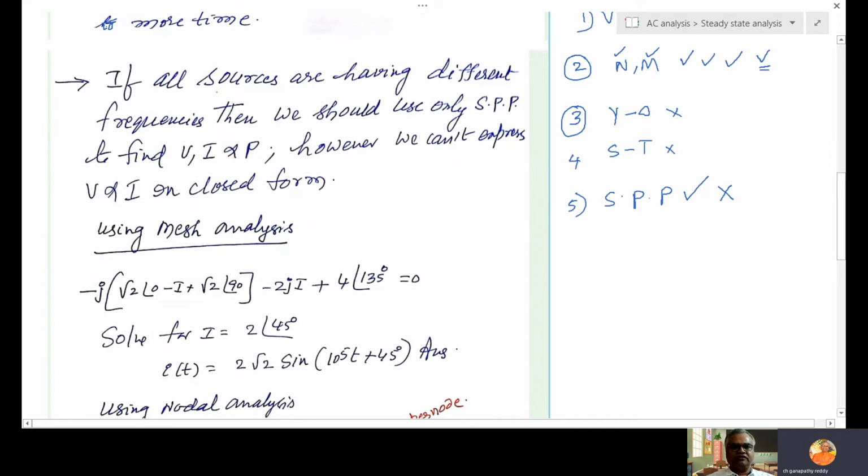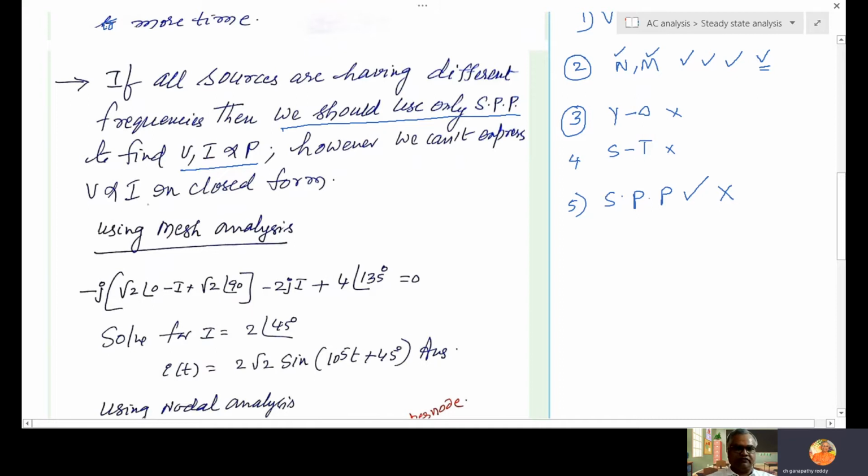Again, I am reading this sixth statement. If all sources have different frequencies, then we should use only the superposition principle to find voltage, current, and power. However, we can't express voltage and current in closed form. The expression of voltage or current contains so many frequency terms. When frequencies are different, you can't add them.